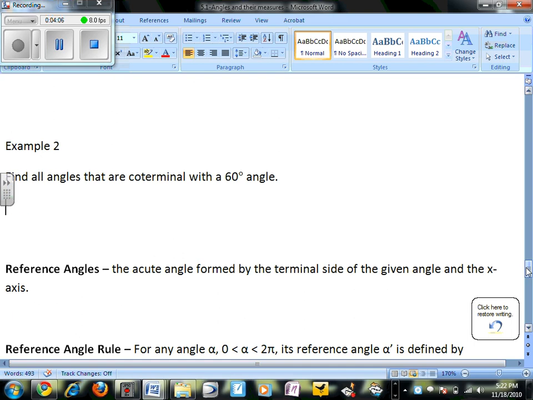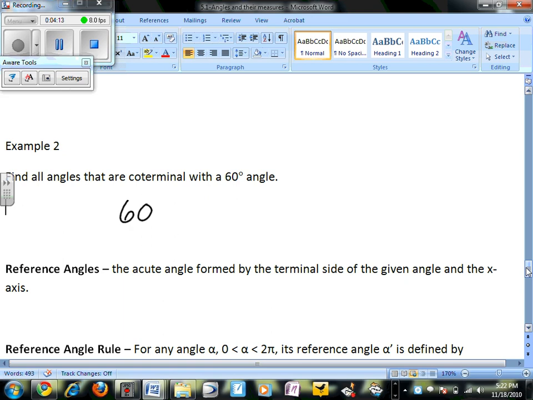Find all angles that are coterminal with 60 degrees. Well, up in our theorem, we said if we started at 60 degrees and added 360 k times, those would all be coterminal, if we kept going in a circle. If I went in a circle 1 time, so k would be 1, 360 plus 60 would be 420. 420 is coterminal.